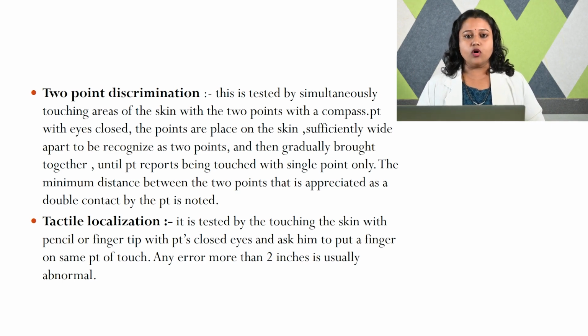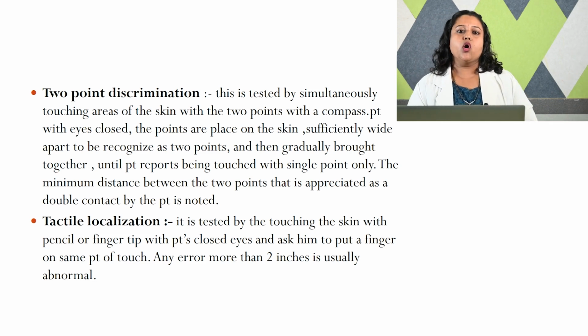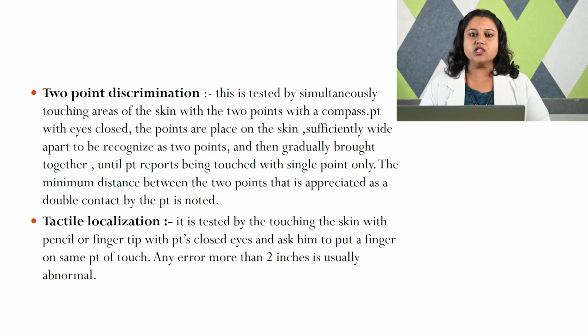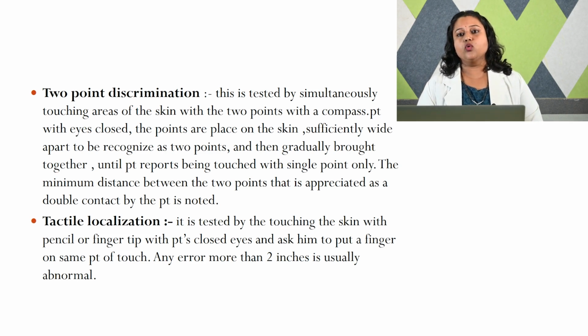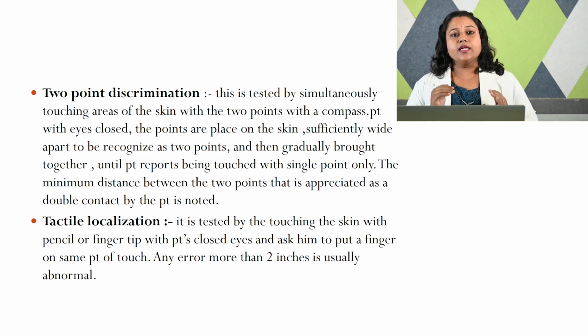Next is tactile localization. It is tested by touching the skin with a pencil or fingertip with the patient's eyes closed, and asking him to put a finger on that point. Any error more than 2 inches is usually abnormal. There is a difference between tactile sensation and tactile localization. Tactile sensation comes under the tactile or exteroceptive sensory examinations. This is tactile localization.